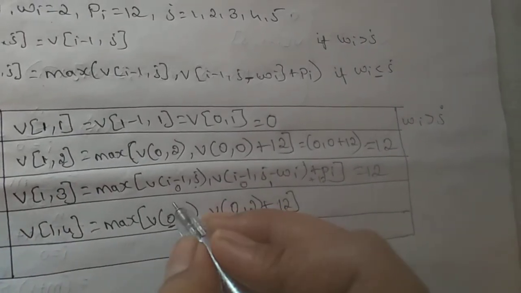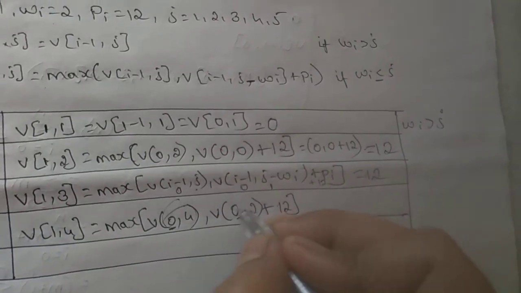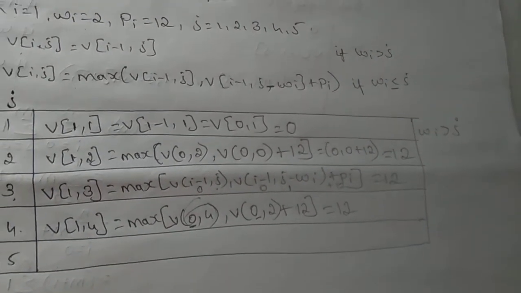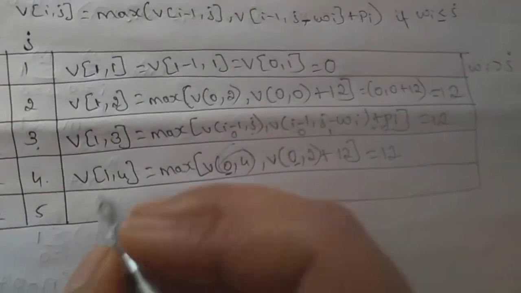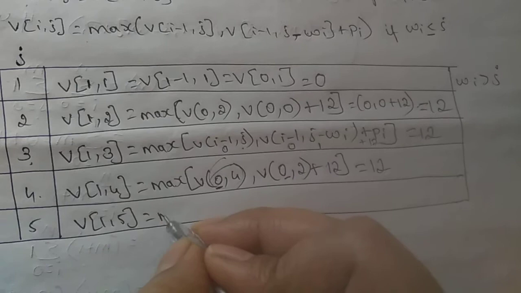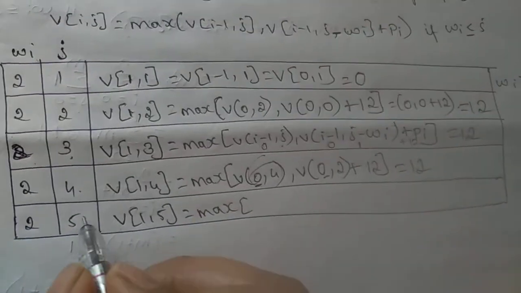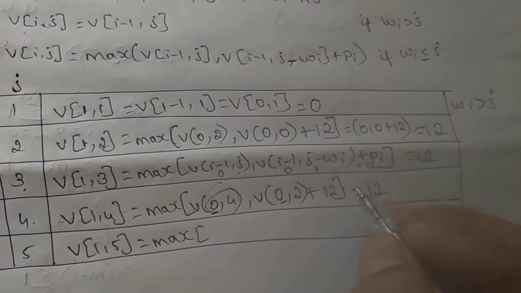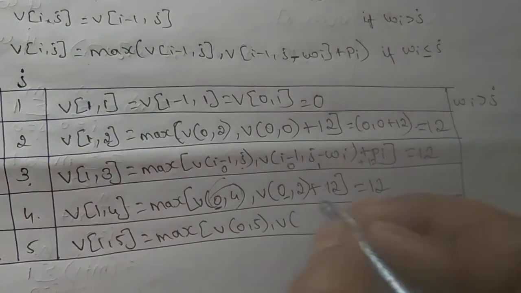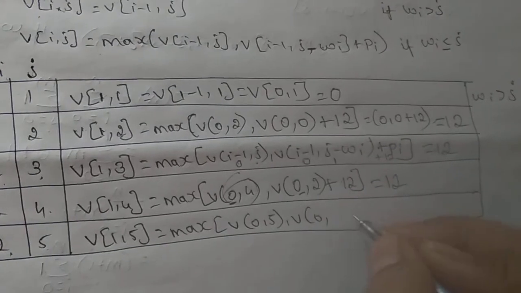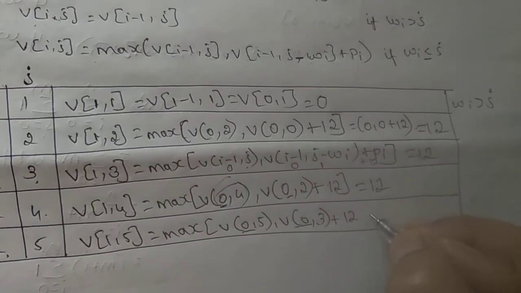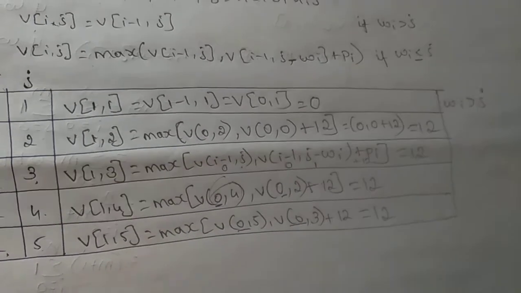One value is 0, so this entire thing will be 0. Then it is 12. Next, V of 1, 5. Again the weight is less than j, so V of 0, 5, then V of 0, 5 minus 2 is 3, plus 12. The value of i is 0, so the entire thing is 0, and it is 12.